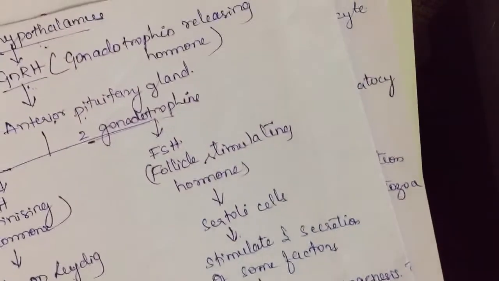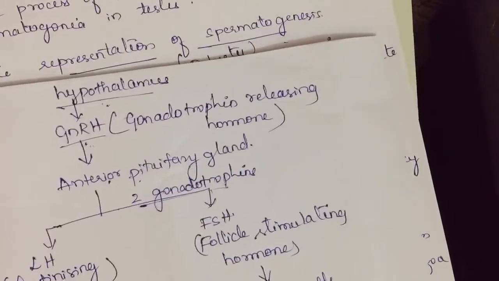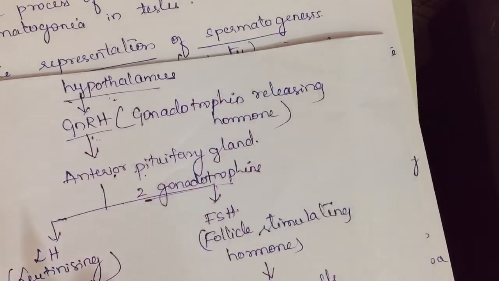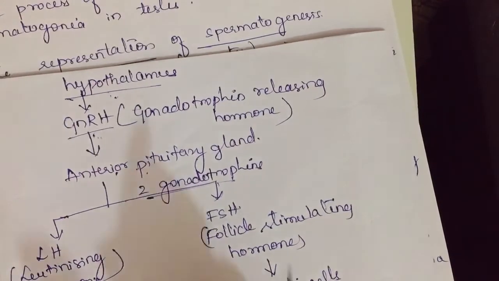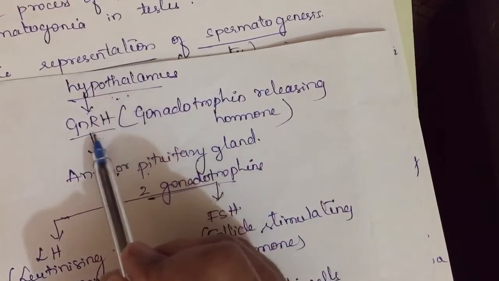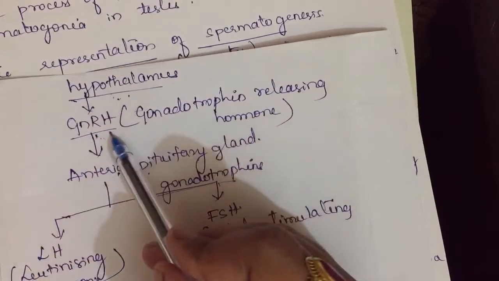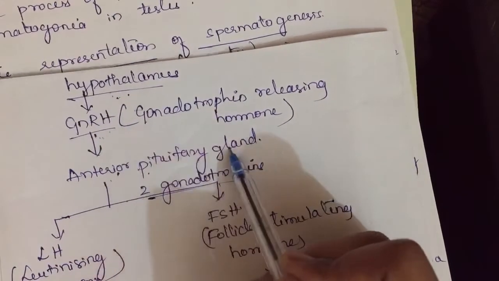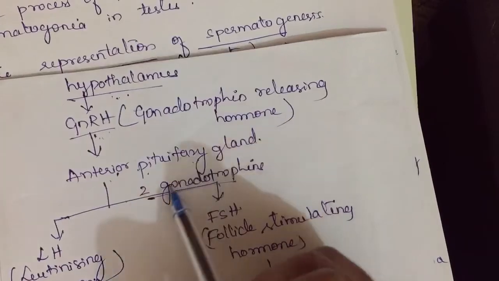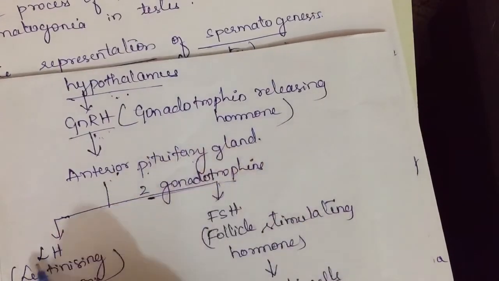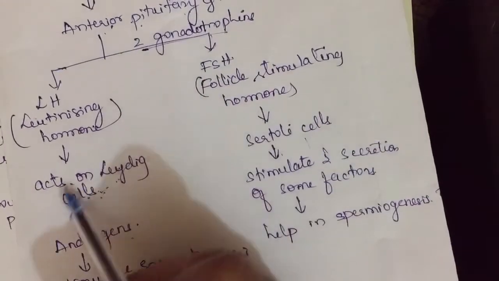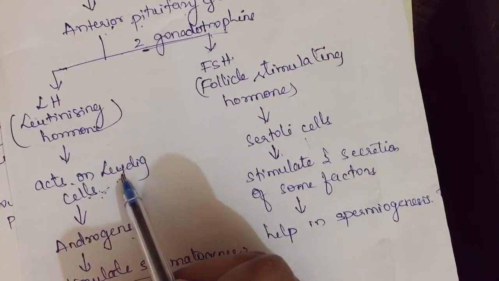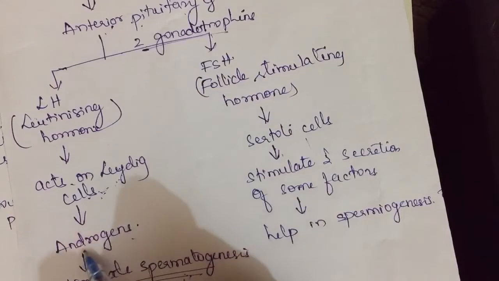Okay, fine. I shall start from the beginning. This is the diagrammatic representation of how hormones are involved in spermatogenesis. Hypothalamus will secrete gonadotropin releasing hormone. This hormone will stimulate the anterior pituitary gland, so that it secretes two gonadotropins. One is LH, another one is FSH. Now this LH will act on Leydig cells, so that it will stimulate and produce androgens.